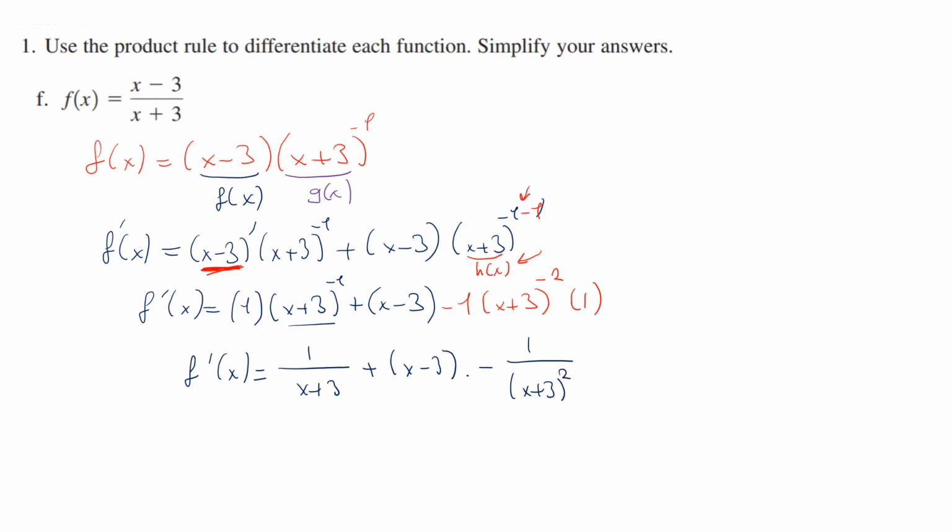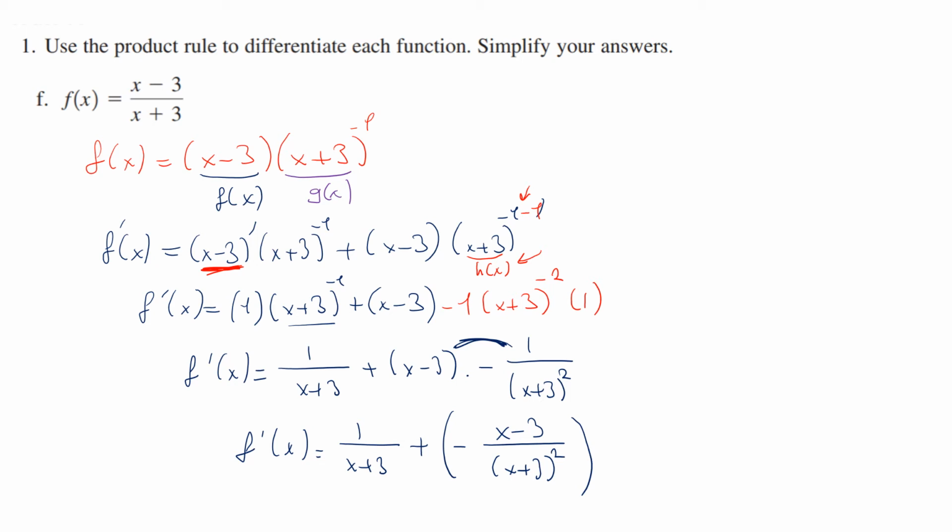So now from here what I can do is multiply these two also. So when I do that, it's going to come to 1 over x plus 3 plus, sorry, so I have plus and then negative, so I'm just going to put it in brackets, so negative x minus 3 all over x plus 3 to the power of 2.